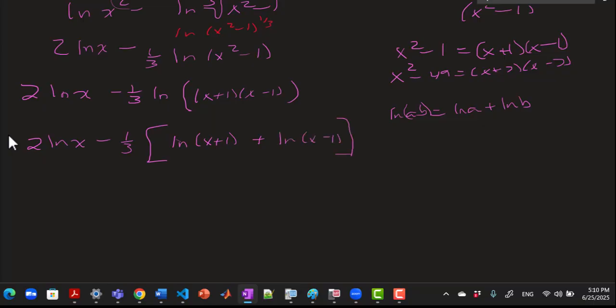If nothing else in calculus, get good at using parentheses. Don't leave off parentheses, because if you do, your expressions are going to be incorrect. This minus 1/3 is multiplied times everything in here. So then our final answer is 2 log x minus 1/3 log x plus 1 minus 1/3 log x minus 1. And that's our final answer for that one.